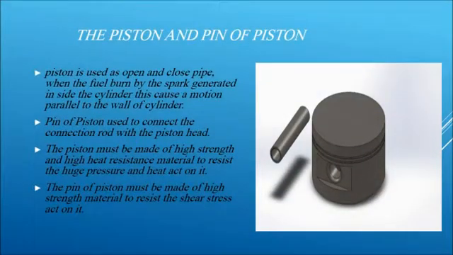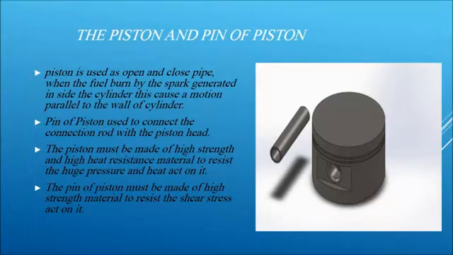The piston is used as an open and closed pipe when the fuel is burned by the spark generated inside the cylinder. This causes a motion parallel to the wall of the cylinder. The pin of the piston is used to connect the connection rod with the piston head.